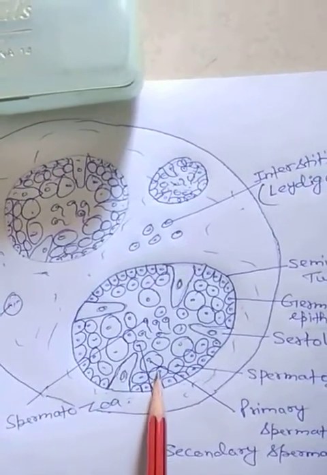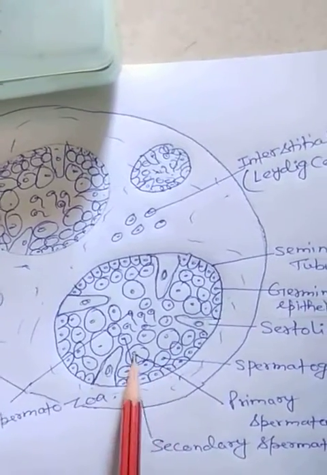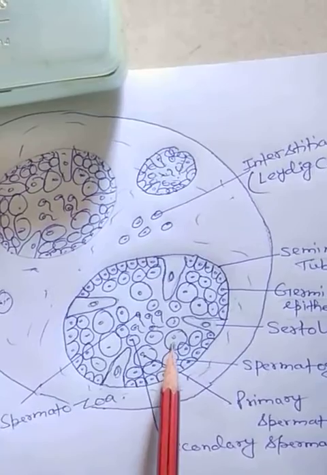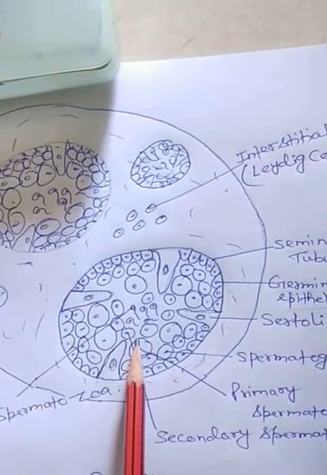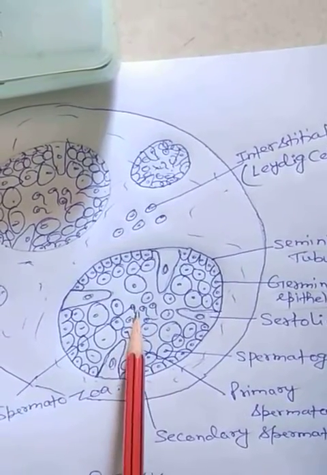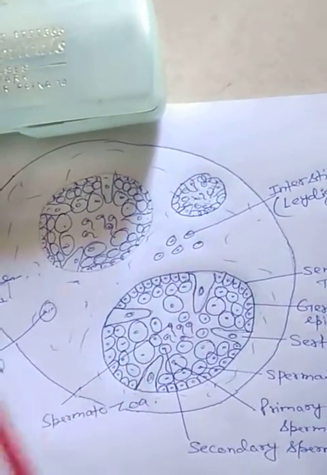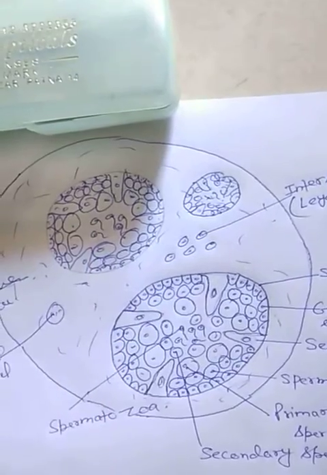Then spermatogonia grow to form the primary spermatocytes. Then primary spermatocytes divide by meiosis to form the secondary spermatocytes, which divide to form the spermatids, and then spermatids change into the spermatozoa. So each seminiferous tubule is filled with many spermatogonia, spermatocytes and spermatozoa.